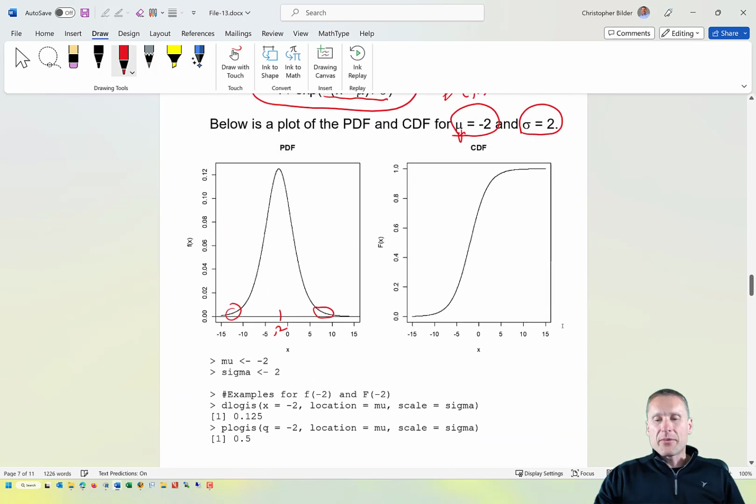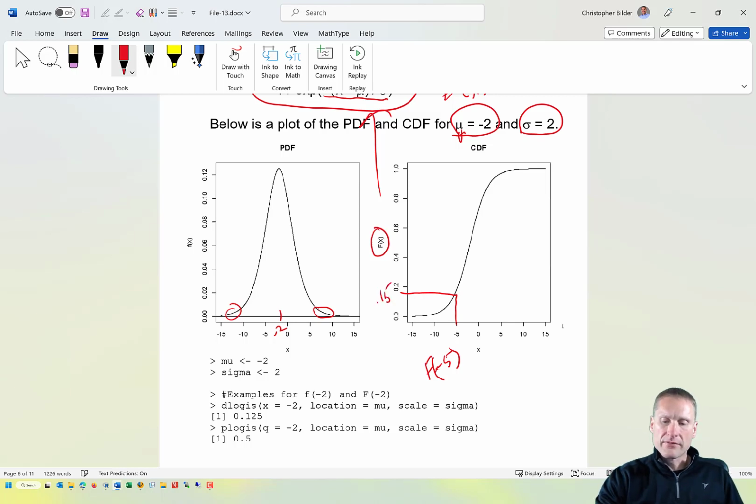We can come back up here and take a look at the cumulative distribution function. What this represents is capital F of x, what we just saw above, plotted on the y-axis. For example, if I want to find F of -5, I could project up and over, and I have approximately 0.15.